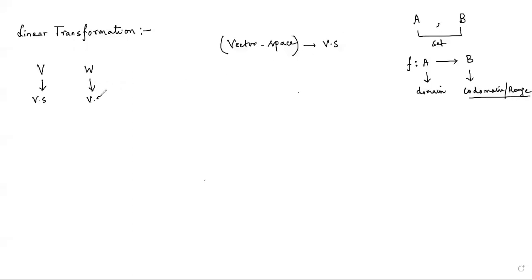Now suppose from this vector space V, I'm going to define a function which I am denoting by capital T, from the vector space V to the vector space W. I'm defining a kind of function from this vector space to that vector space.